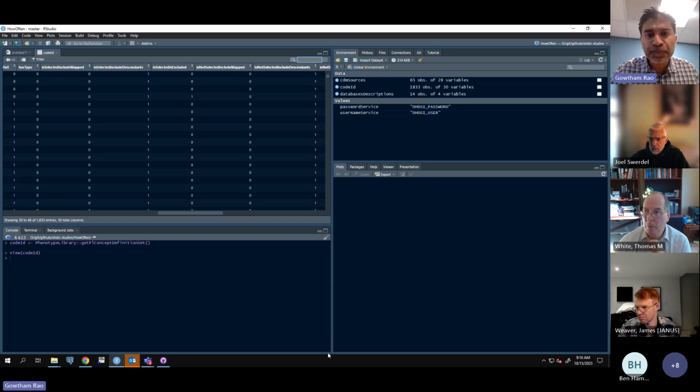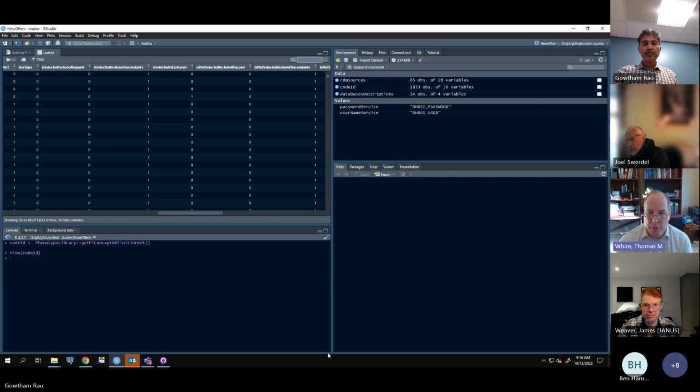I see a hand raised. Yeah, hey, I'm curious about this because one of the challenges I run into when we're building quality measures is that we need to use code sets that come from VSAC, the Value Set Authority Center, and it's a bit of a challenge to bring those in. It'd be lovely if they were curated in a way that there was an easy way to bring them into OHDSI.